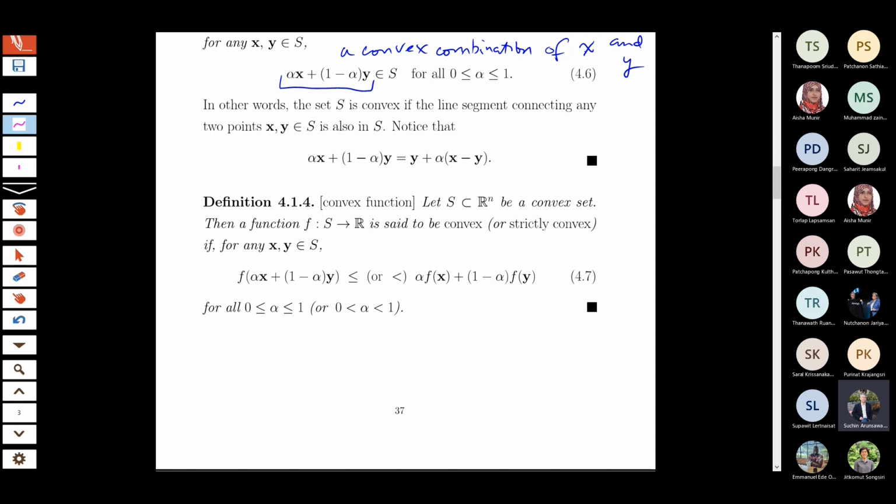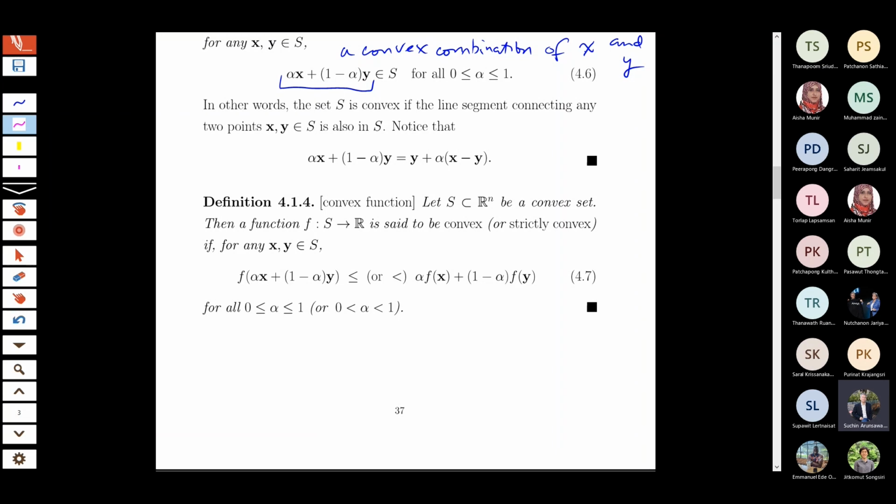A real function f defined on the convex set S is said to be convex if for any two points x and y in the domain S, f of a convex combination of x and y must be less than or equal to the convex combination of f(x) and f(y), for all alpha between 0 and 1.